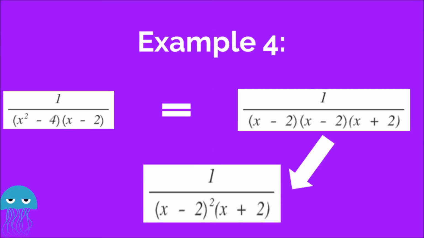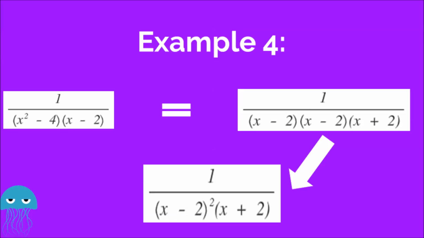Now, let's look at example number 4. In this situation, we have 1 divided by the quantity x squared minus 4 times x minus 2. And you might be thinking to yourself, I'm just going to dive right in. But you would be wrong. In fact, you would have a difference of 2 squares in the denominator as one of your factors.